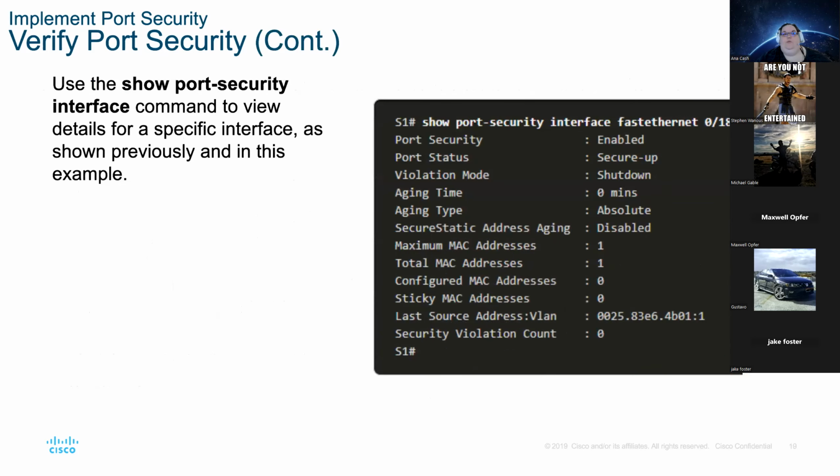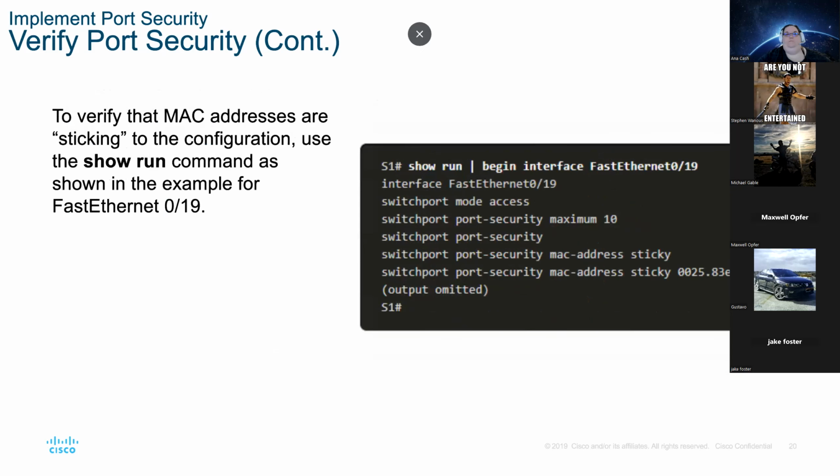And this one uses show port security interface. This one shows you the details: port security enabled, secure up, violation mode shutdown, and secure static address aging is disabled. So those are the things that you should be seeing after what I was talking about.